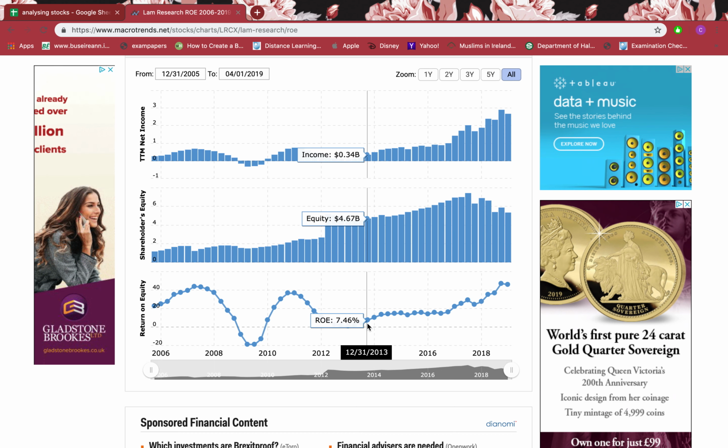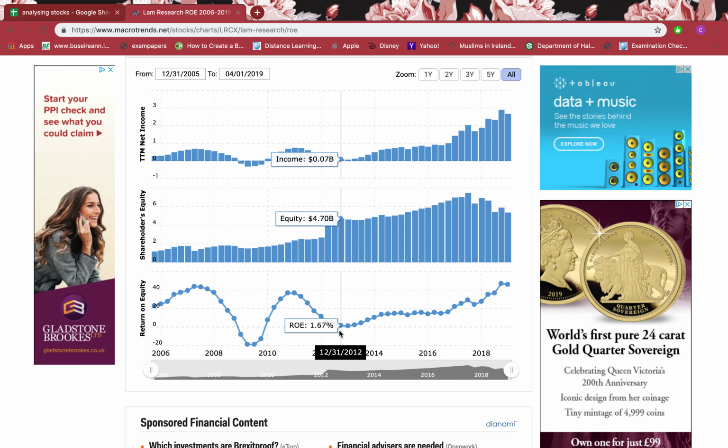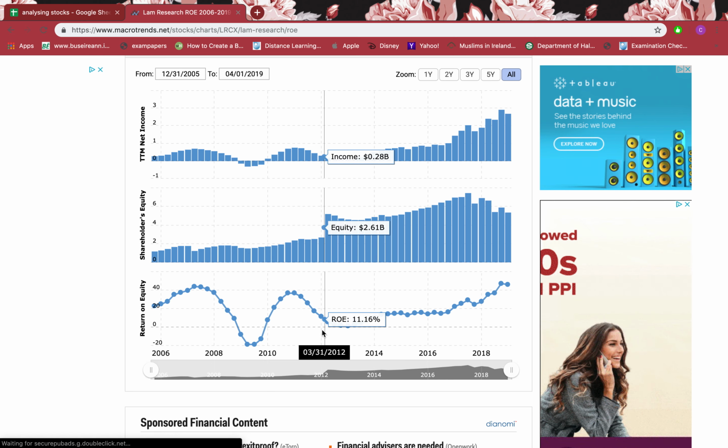Okay, so from March 2014, it has been consistently above 8%, which is very good. It's been 5 years, the previous 5 years up till 2014, where the ratio has been very good, above 8%. But before that, it was consistently below.